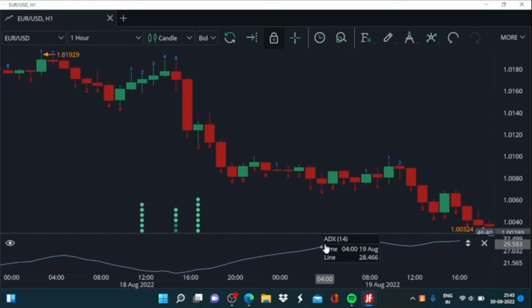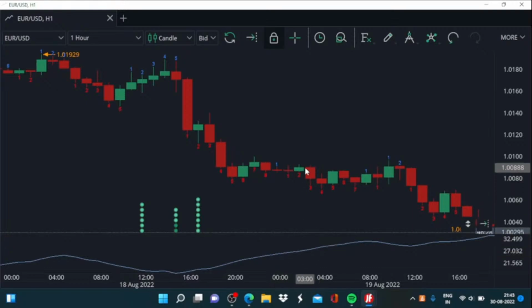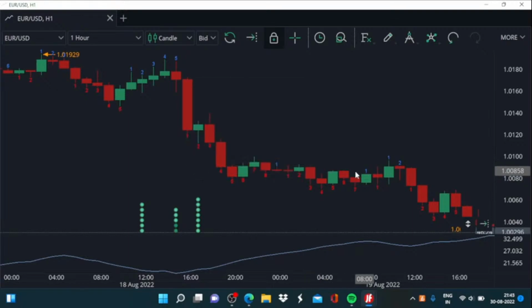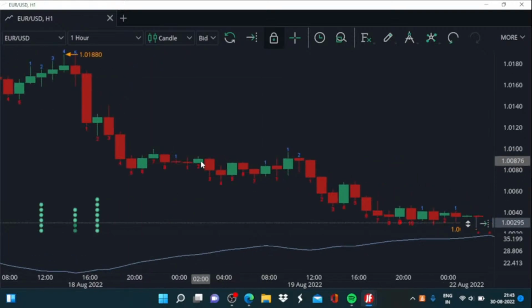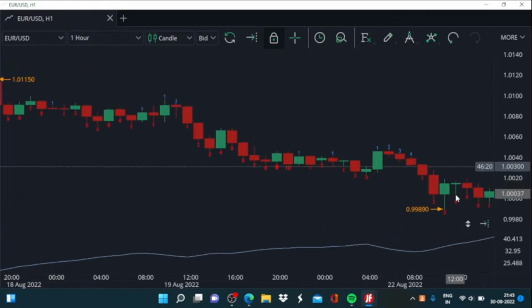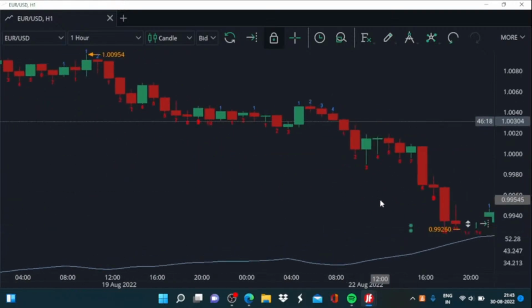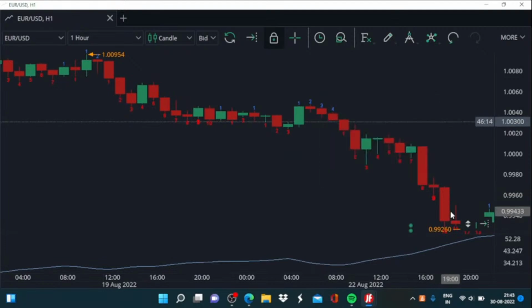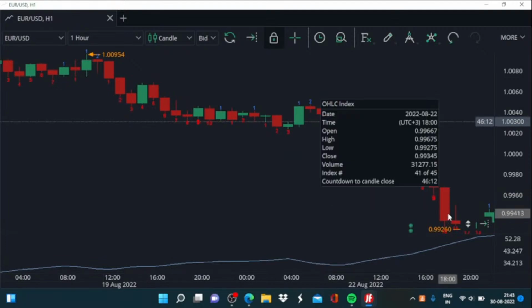So suppose here, somewhere around 1 GMT on 19th August, we had the ADX output rising above 25 and it continued to rise. If you were to short at that point in time, you would have made significant gains, as we saw that the underlying instrument, the EUR/USD, continued to decline for all of the day.